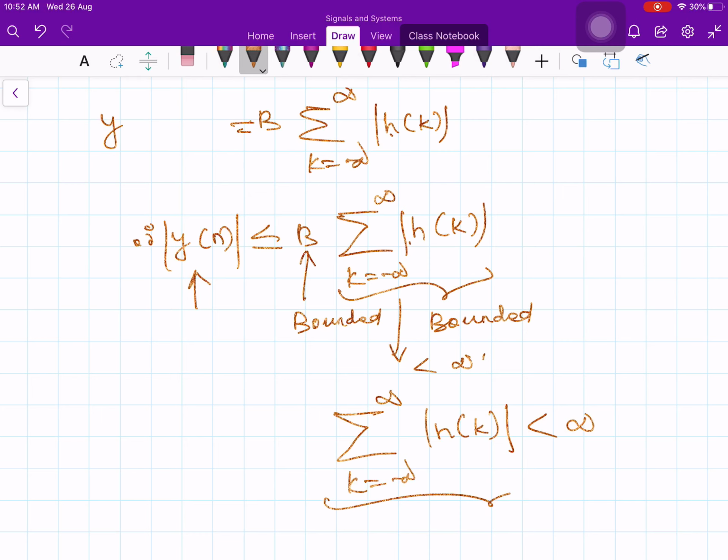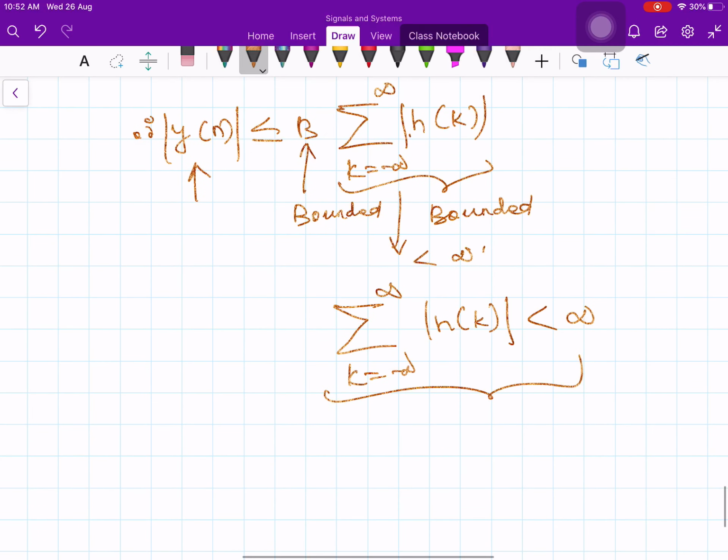The left hand side must give rise to a finite value. That's what we mean by less than infinity.